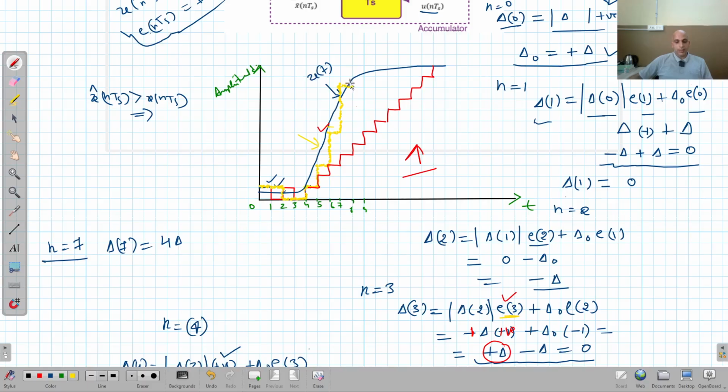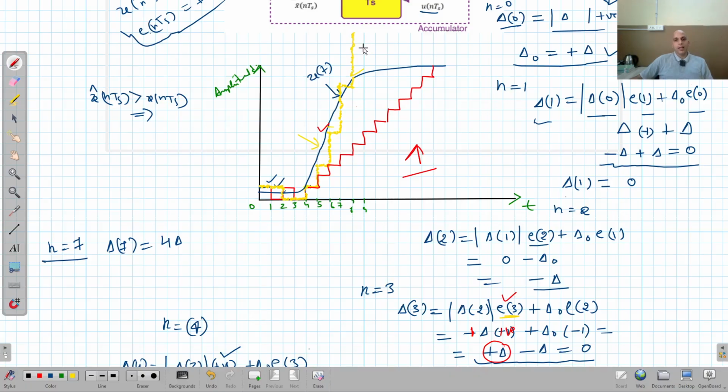At n is equal to 8, you will again add up here, right? At this point again it is higher, so one more step will be added. Earlier it was 4 steps, so it becomes 5 steps. At this point 1, 2, 3, 4 and 5, right?